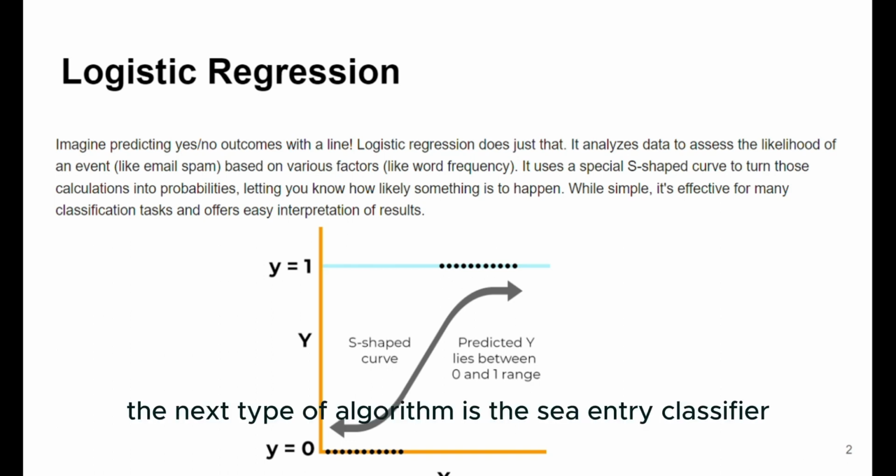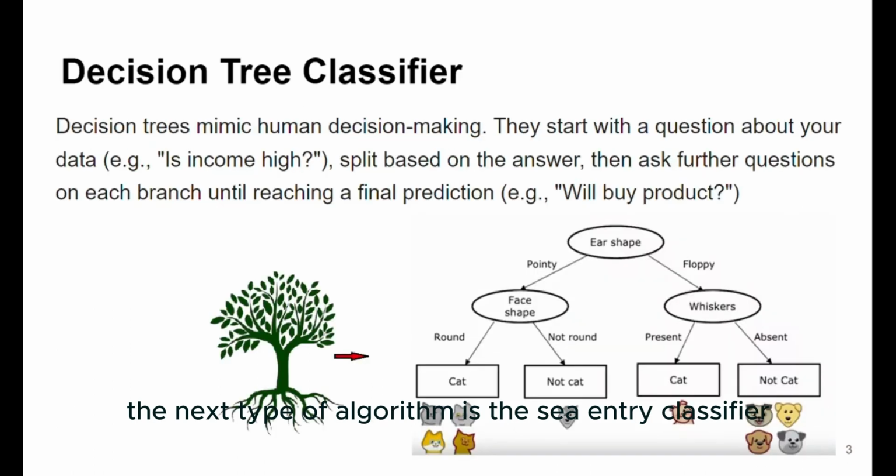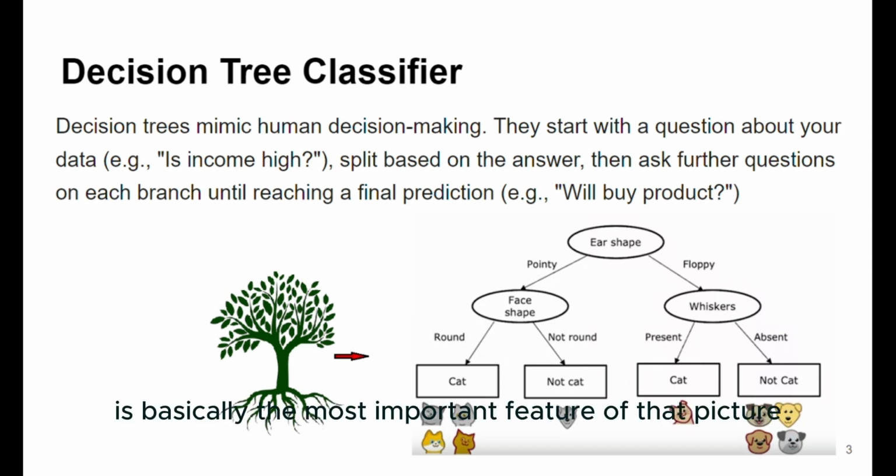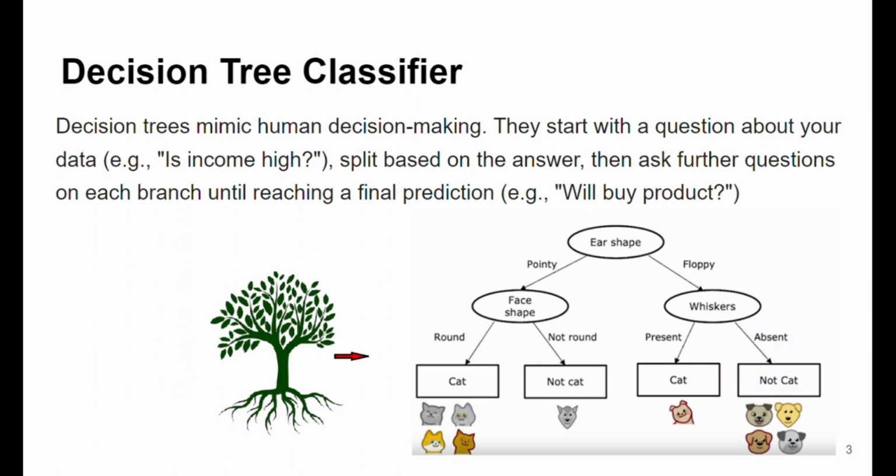The next type of algorithm is the decision tree classifier. Yes, you heard that right. A decision tree classifier is basically a tree. It consists of roots, shoots, branches, and leaves. The root node is the most important feature of that picture.